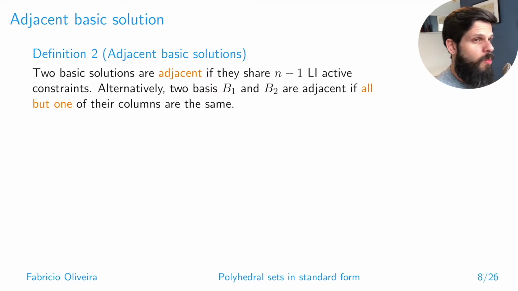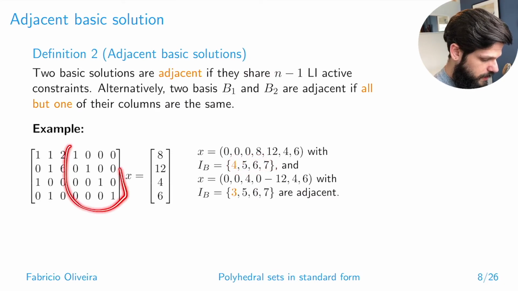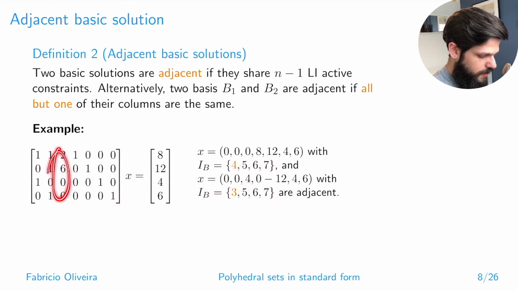So we just actually had an example of adjacent bases, right? When we had 4, 5, 6, 7, and then we had 3, 5, 6, 7. So 3 and 4 is just one difference. So they are adjacent to each other. Which is exactly what comes in here. So the basis is 4, 5, 6, 7, which is formed by these, and the basis 3, 5, 6, 7, which is formed by this, and then these three. They are adjacent.